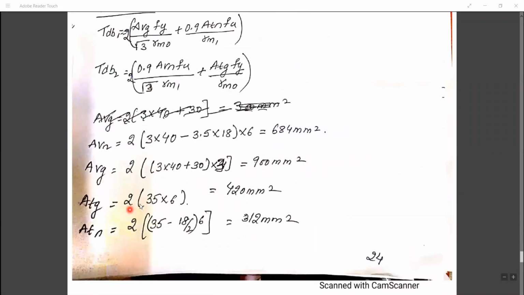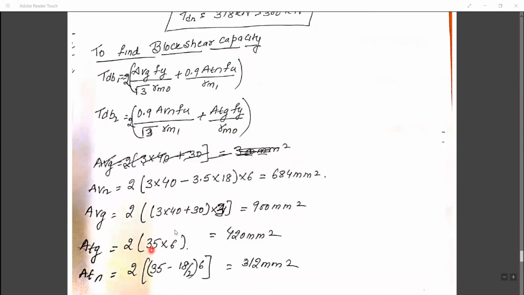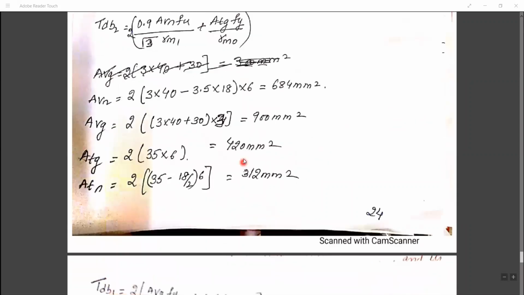So then ATG is nothing but 2 times of 35 into 6. 35 is your gauge distance. 35 into 6. So that is nothing but 420 mm square. Then ATN is 2 into 35 minus 18 by 2 into 6. 18 is nothing but your bolt section.